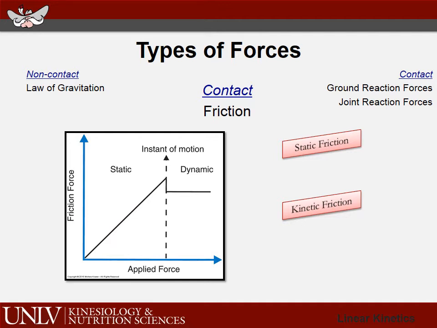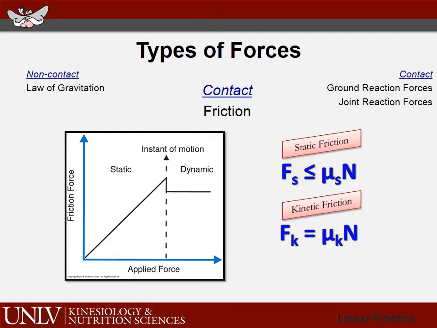At some point in that increasing application of force, movement happens. At that peak, you have the maximum static coefficient of friction. The static frictional force is less than or equal to the mu of static times the normal force, and the kinetic is equal to the kinetic mu times the normal force. The dynamic is also termed kinetic, and that happens when you have motion.